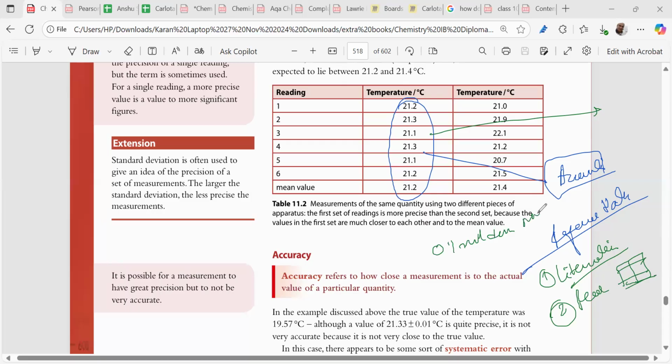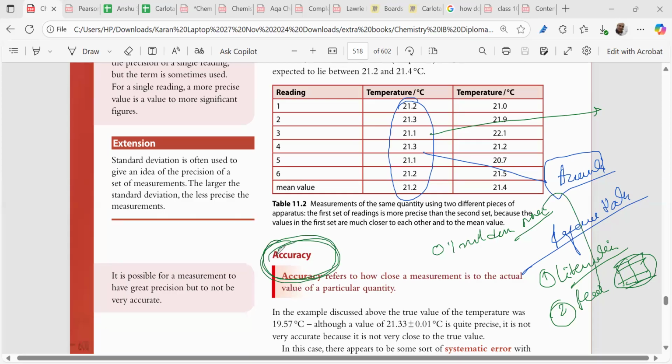Suppose I've taken NaCl solution, and I found out that this is the value. Suppose they're recording at what temperature the evaporation starts for NaCl. They recorded this value. So accuracy is very well linked to what?